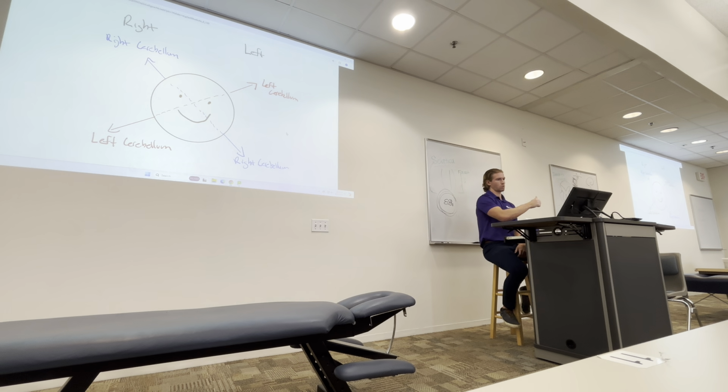So if you're starting looking down and to the left, and then you move up and to the right, that whole thing is testing the right cerebellum. Whereas opposite, down and to the right, up and to the left, is the left cerebellum. So that's how you can kind of bias when you're looking at someone's eyes.